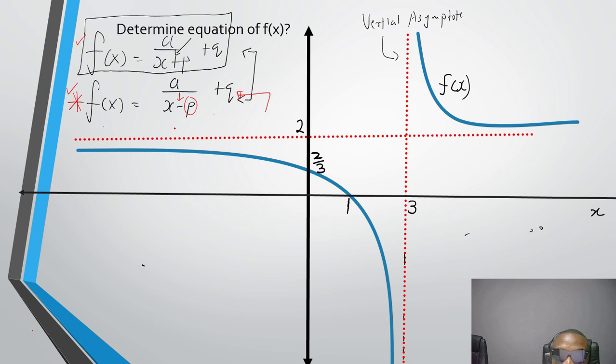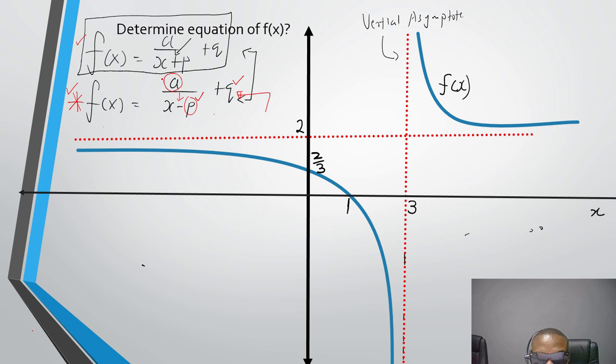So now when you're looking for the equation of f of x, we have to agree that you can easily find p and q. This is represented by the asymptotes, by the dotted lines. P is the x asymptote, q is the y asymptote. Now, how are you going to find a? To find a, use any point on the graph.